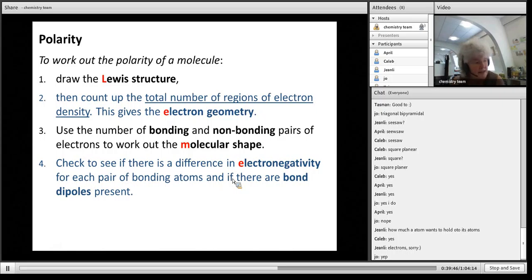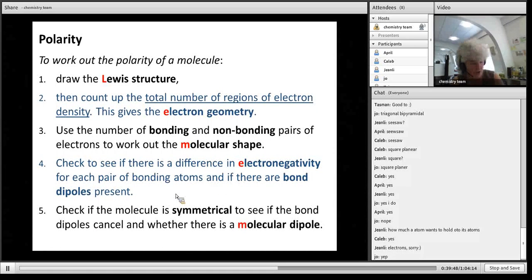Okay, then the final step, and we'll do lots of examples, is to see if the bond dipoles cancel or not. If they cancel, because the molecule is totally symmetrical both in shape and atoms, then there's no molecular dipole.